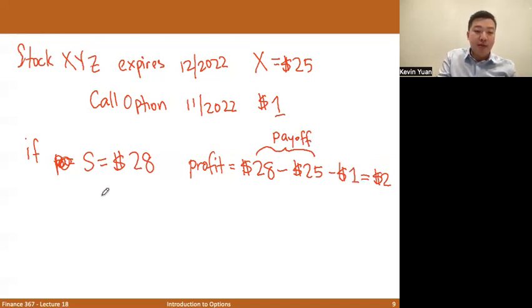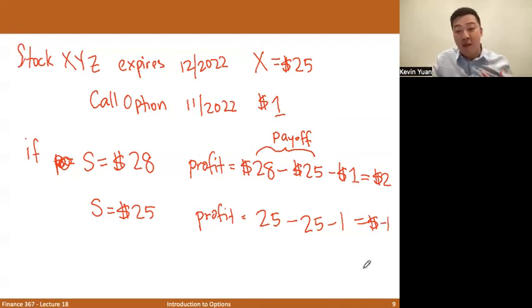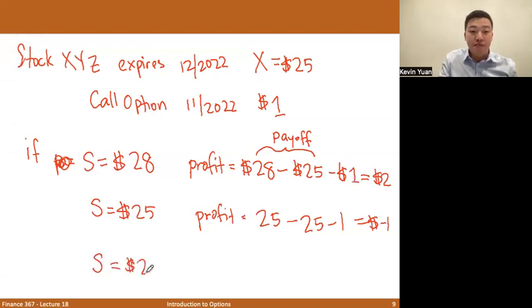Now, let's say the stock price is $25. Well, again, we can do a similar analysis. The profit is going to be 25, right, minus what you're going to buy it for, 25, minus 1. So your profit's actually going to be negative $1. Okay, and that's associated with, again, the price that you had paid for it. And let's say the stock price is $26.